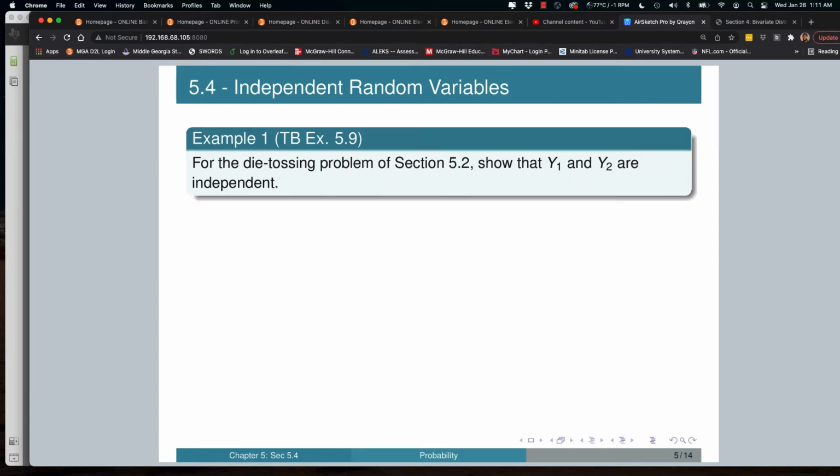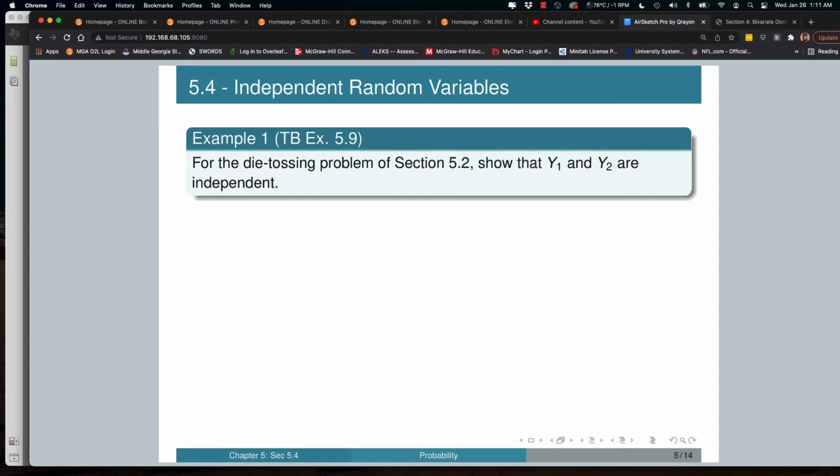So this first example shows a discrete case, and we're trying to show that y sub 1 and y sub 2 are independent. For the die tossing experiment that was mentioned in section 5.2, this is the one where we had two six-sided dice and we rolled them both, and y sub 1 represented the number that came up on die 1, and y sub 2 represented the number that came up on the second die.